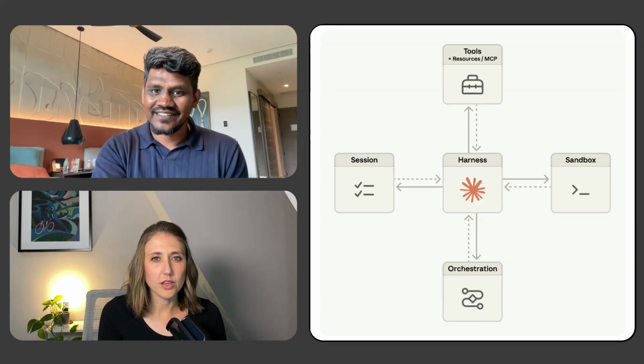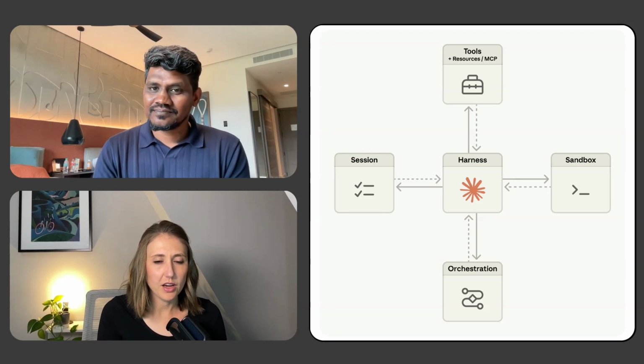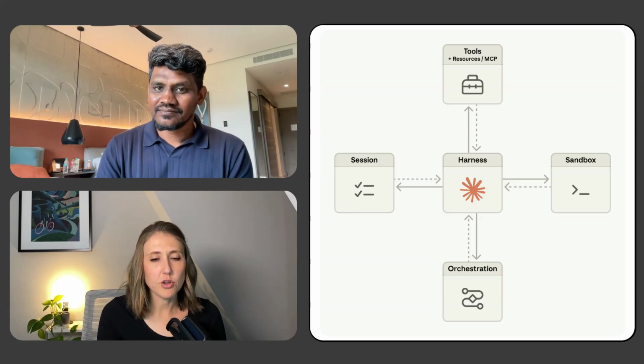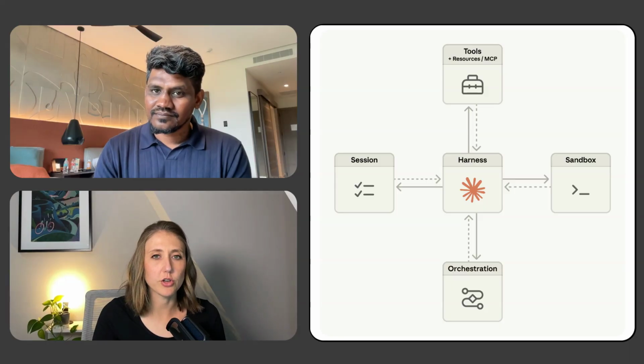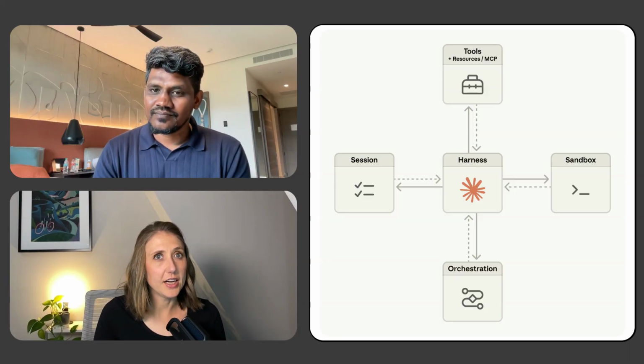What the harness does with the tools is decide which tools to call, when it should retry, and when it should not call a tool. MCP gave us this protocol, but the harness gives us the way to make sure that we're using the protocol correctly. Then the other one I could cover is orchestration. Orchestration is really taking whatever outcome we want and breaking that into steps.